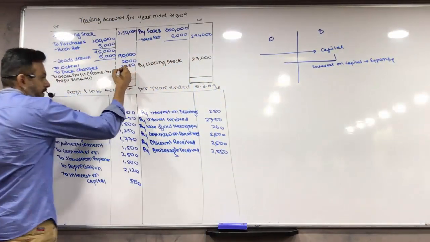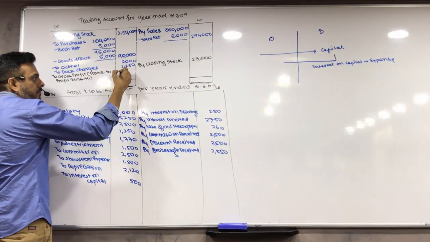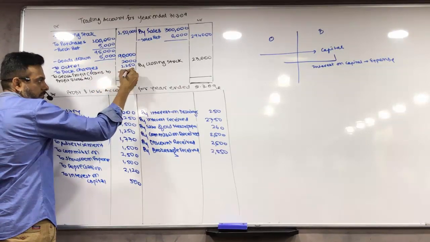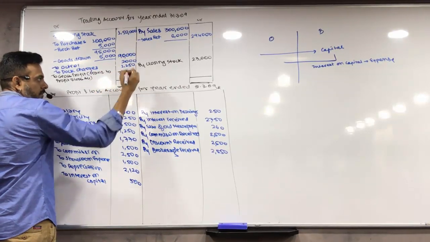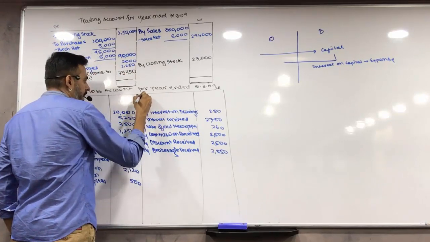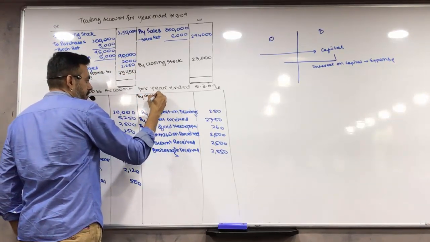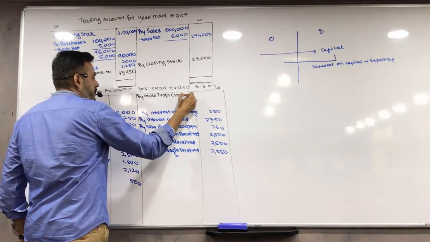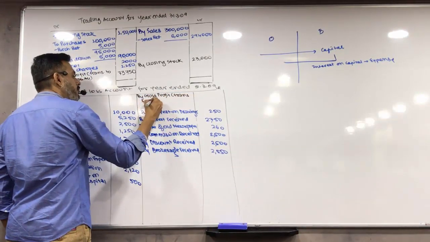What's the gross profit? 7, then 3, 7, 5, 0. Okay, we transfer it by gross profit. Transferred from trading account.